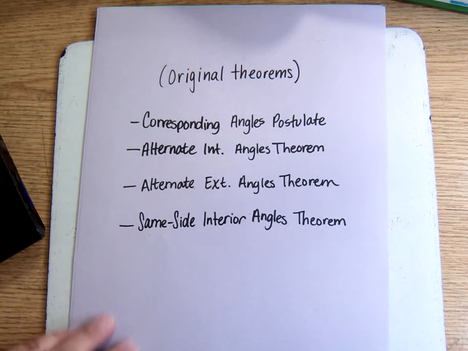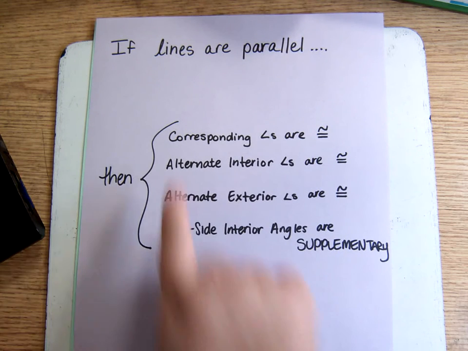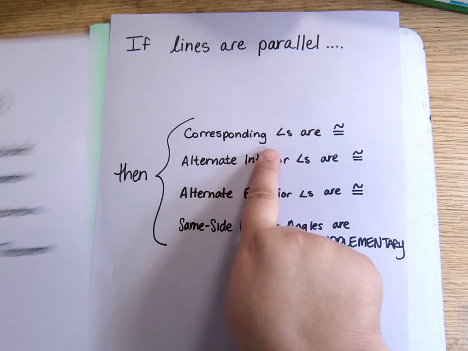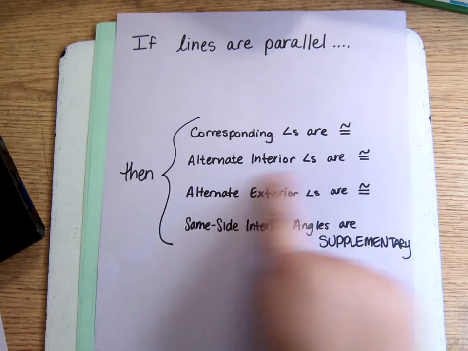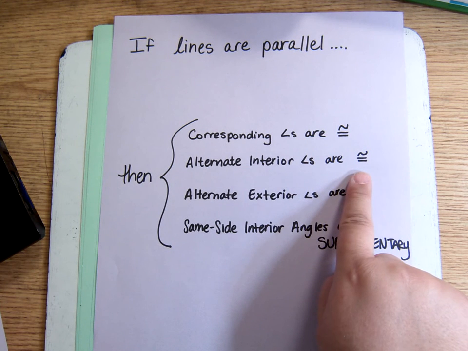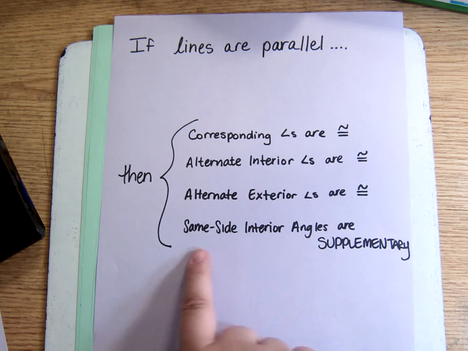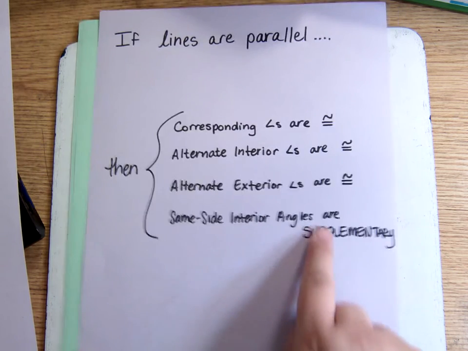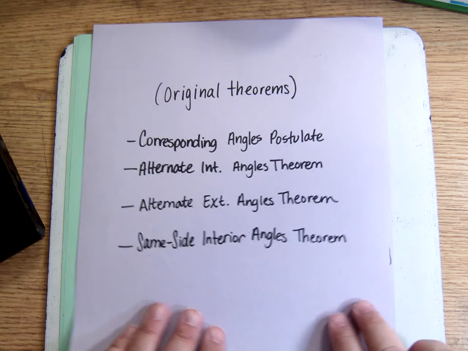What each of those says is, if the lines are parallel, then corresponding angles are congruent, alternate interior angles are congruent, alternate exterior angles are congruent, and same side interior angles are supplementary, meaning they add up to 180. So those are the original theorems.